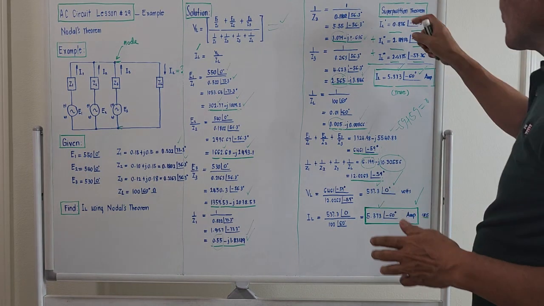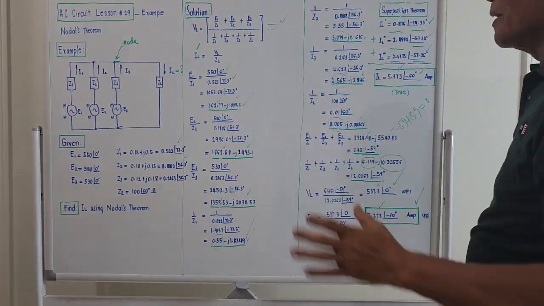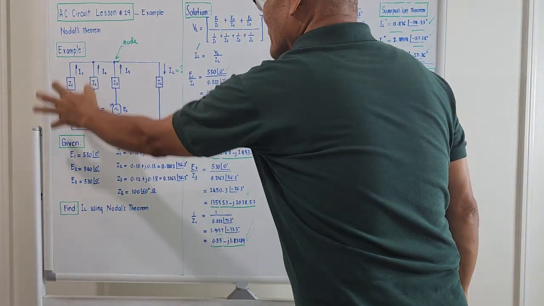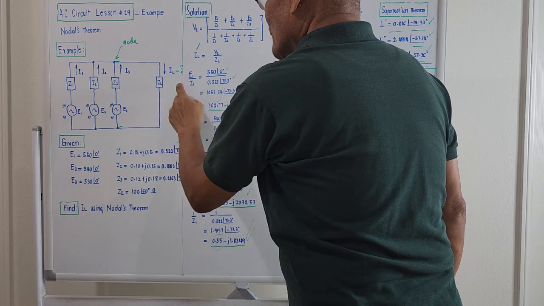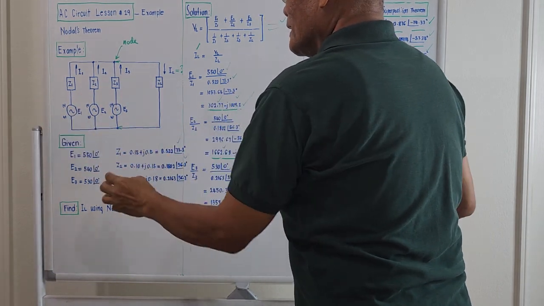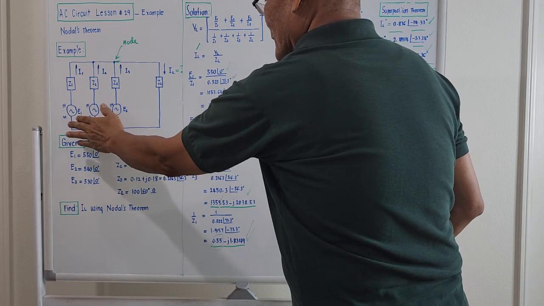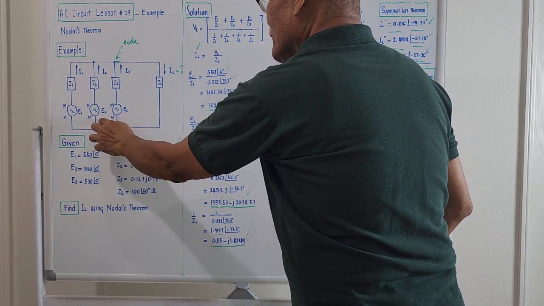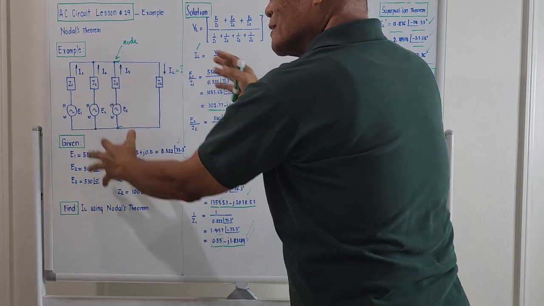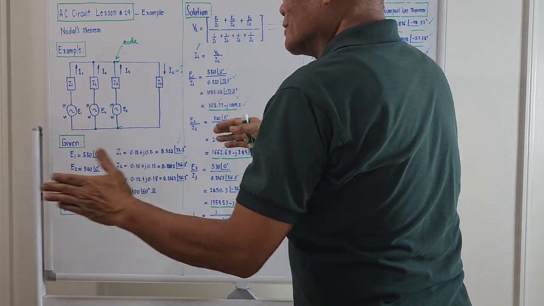But the superposition theorem is longer because we consider two voltage sources. You simplify the circuit, compute for the current due to source number 1. That's a long process. And consider again E2, try to compute for the current due to E2, that's again a long process. It's in my notes.